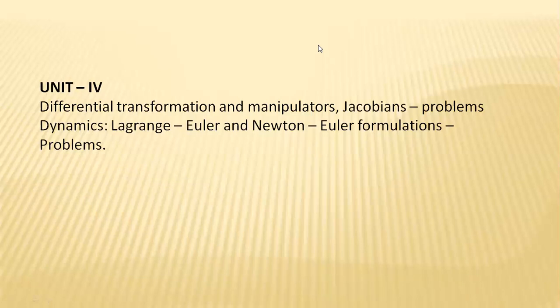In today's class, I would like to discuss the dynamics of the robot. As we have clearly observed in the kinematics of a robot, we have two subtopics, that is forward kinematics and inverse kinematics.